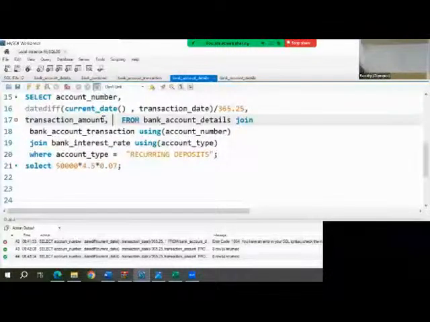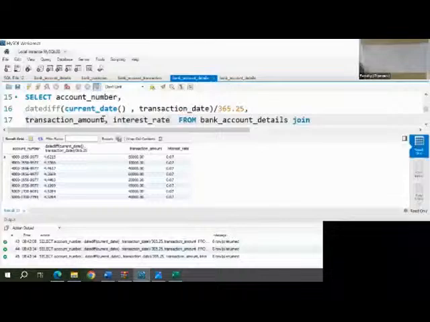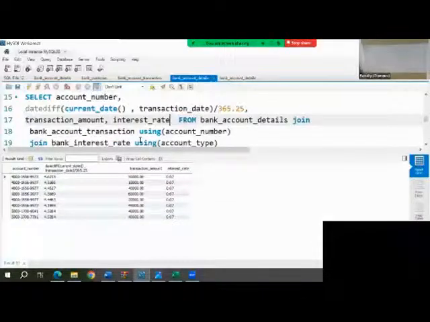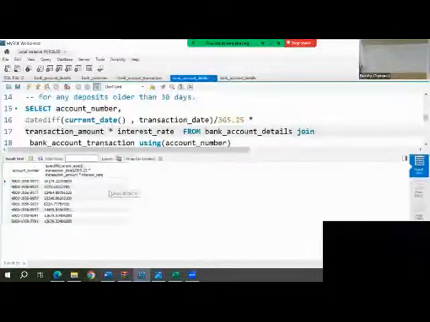So we have got P, because this is a recurring deposit. So multiple times money has been put inside this account. All I have to do is multiply this now. So I will just put a multiplication symbol here, where instead of comma, I will put this multiplied by this multiplied by this. So now this will be the accrued interest.